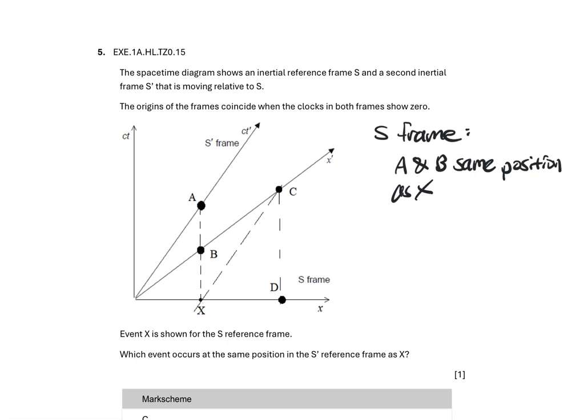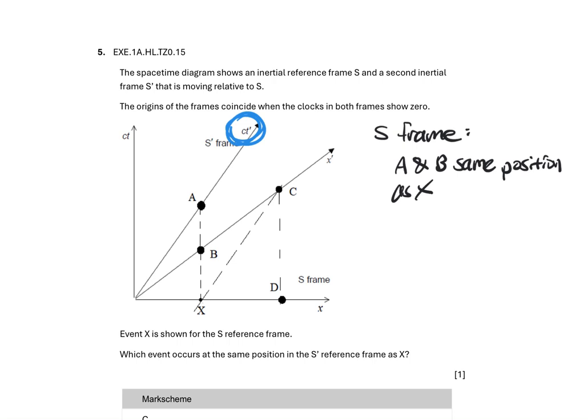Now remember that the grid for the S prime frame is bent just as the axes are, based on that angle. Remember, you can get the velocity of the frame from that angle, where tan theta is v over c. V would be the velocity of the second S prime reference frame, but we don't need that for this problem, but that is why the S prime frame axes are kind of squeezed in that way.